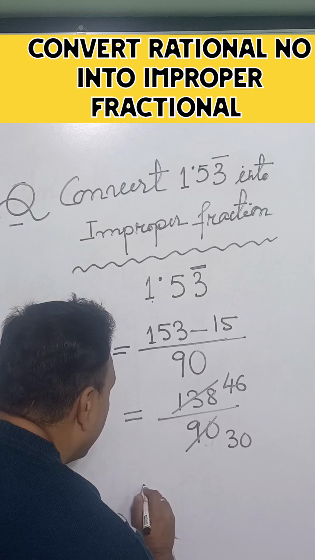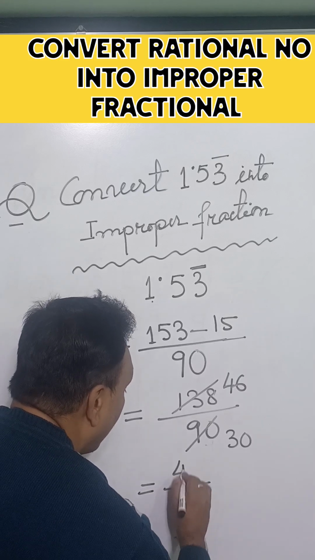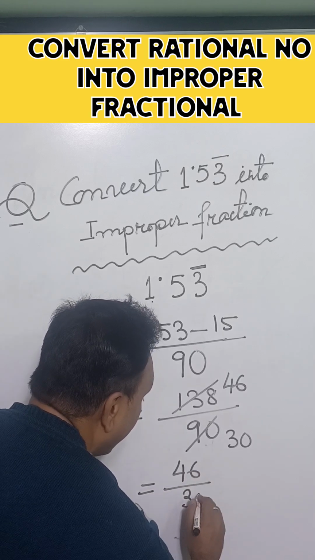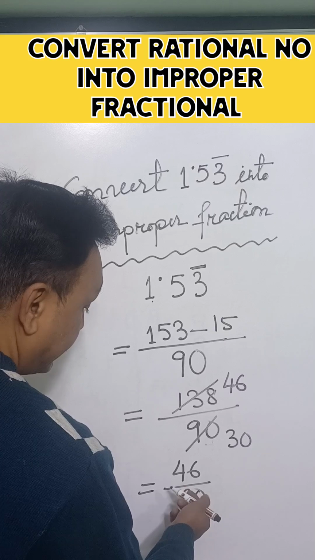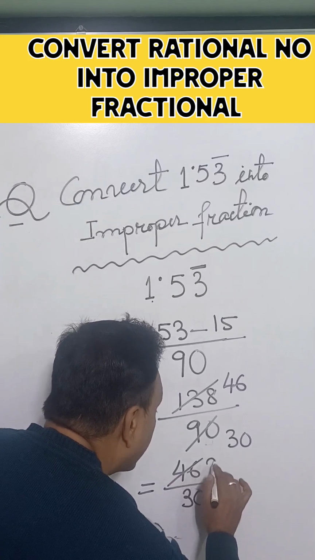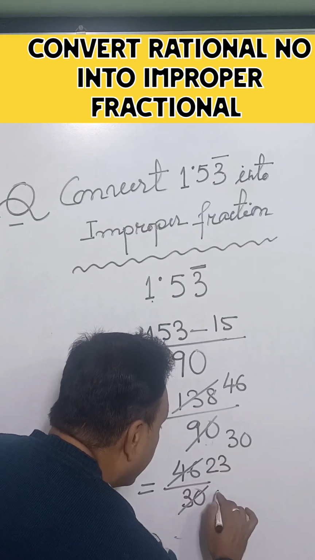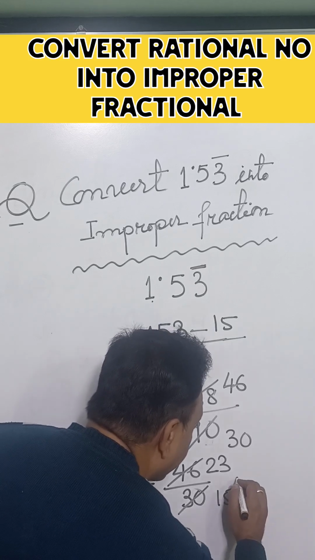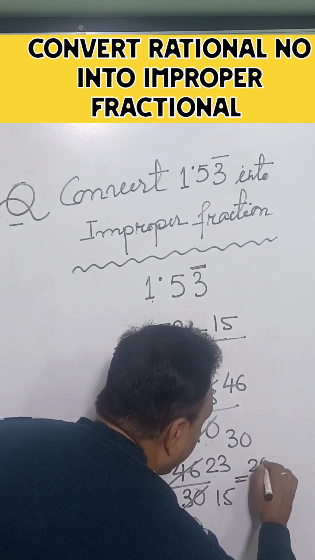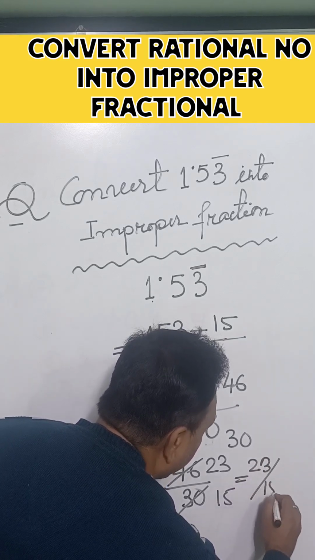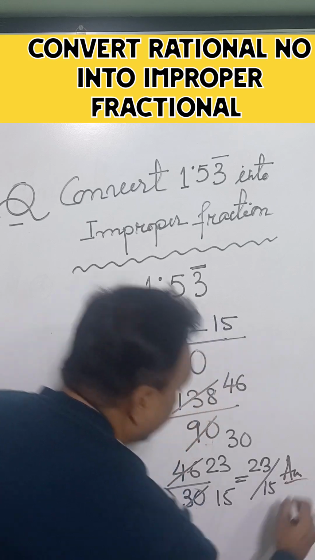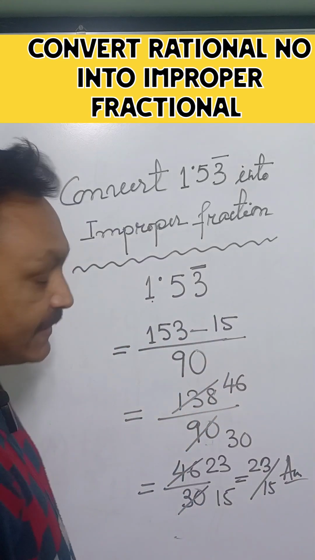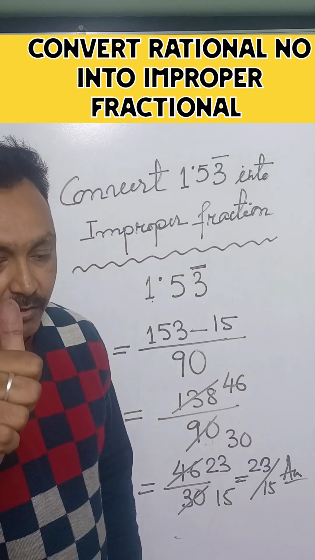So your answer will be 46 by 30. Cancel it by 2, that is 2 2s are 4, 2 3s are 6, 2 15s are 30. So the answer will be 23 by 15. This is the answer, 23 by 15. I hope it's clear to everyone. Thank you very much for watching.